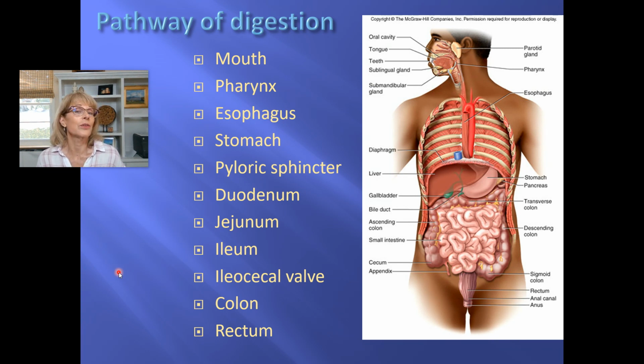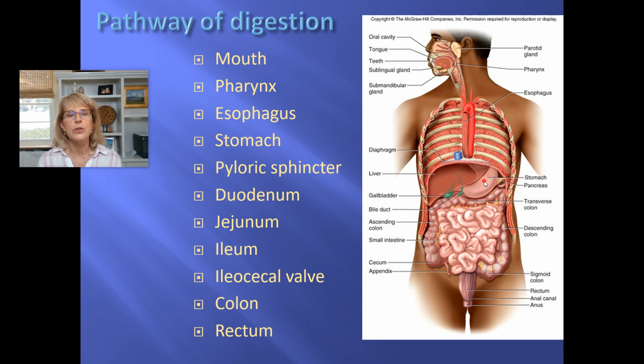Oh, another thing for the final exam: remember that the pharynx is the part of your anatomy that gets shared by your digestive system and your respiratory system. From the pharynx, food is going to go down the esophagus, not meant to go into the larynx, right? It goes down the esophagus, and the esophagus carries it through that muscle called the diaphragm and into your stomach.